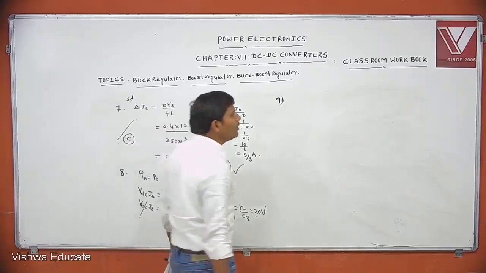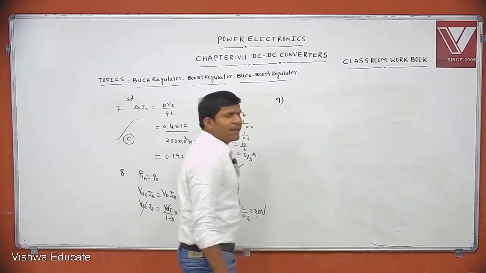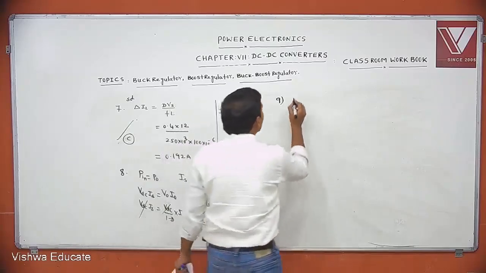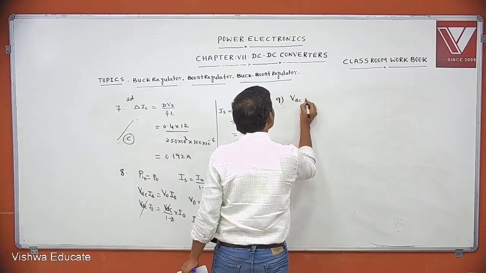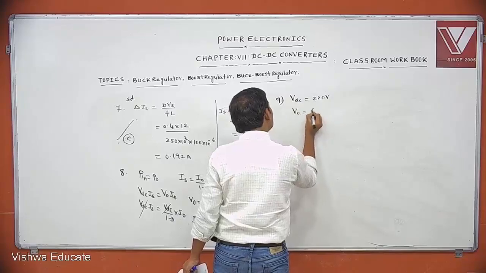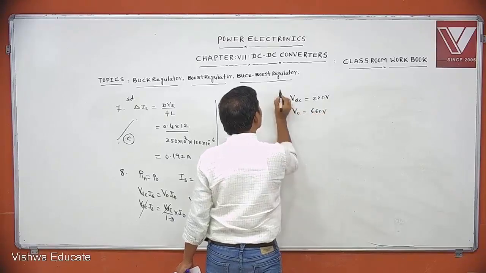Simple question. A chopper is supplying 660 volts from 220 volts DC source. Then what is VDC equal to? 220 volts. What is V0 equal to? 660 volts. Let's concentrate.